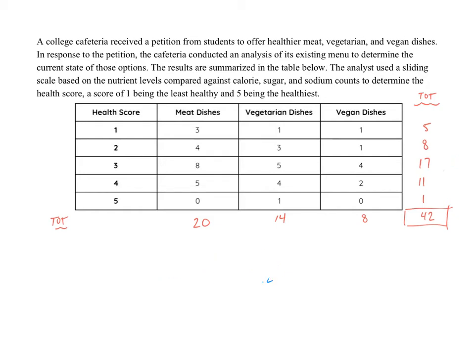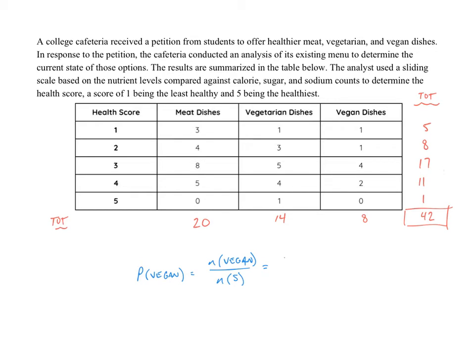Okay, just a couple more, and then I'll ask a couple challenging ones as well towards the end here. What is the probability that a dish selected is a vegan dish? Okay, so if I want to know the probability of a vegan dish, I need to know the number of vegan dishes, and I'm going to divide that by the number of dishes in the sample space.